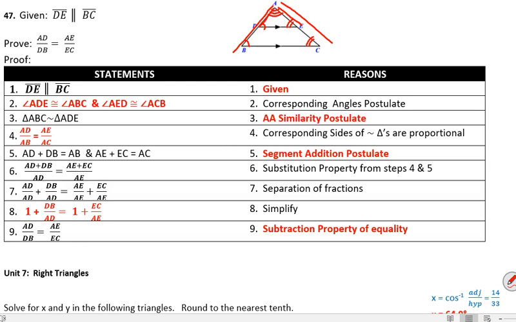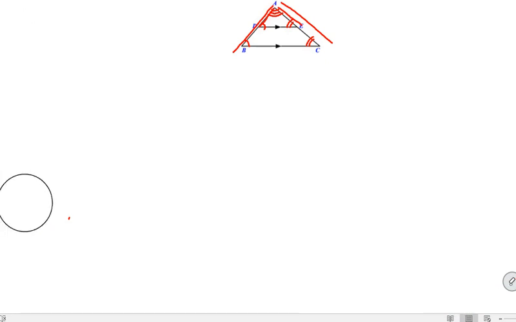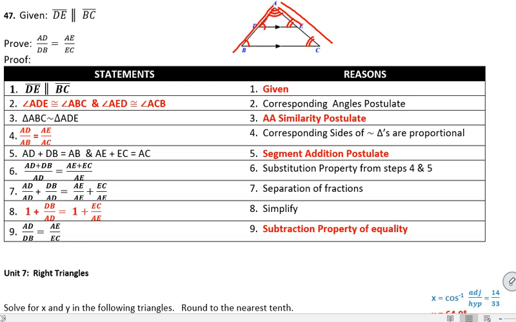And then the substitution property for step 6, that's already there for us with 4 and 5. And then step 7 is just us separating those fractions. And notice this right here, AD over AD and AE over AE is 1. Then we can subtract that 1 from both sides, and that's what's going to give us our last step. This is going to give us our proof. This is the triangle proportionality theorem. That's the one that we just proved.